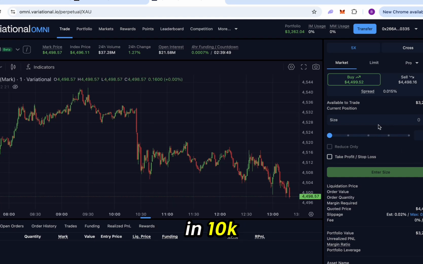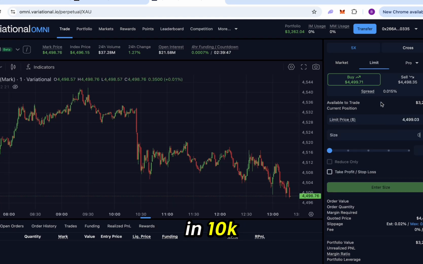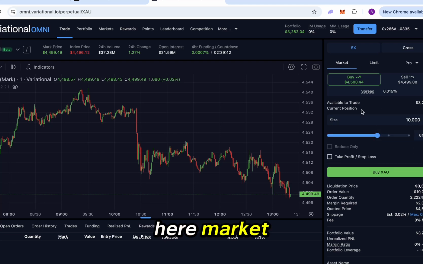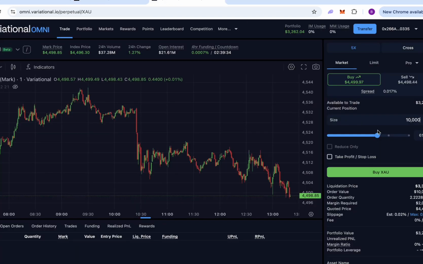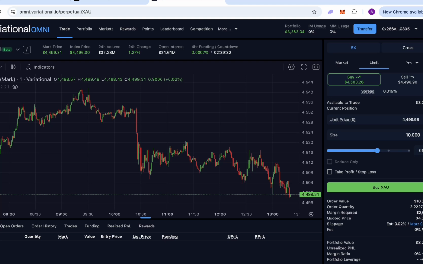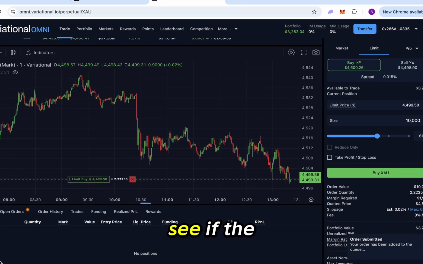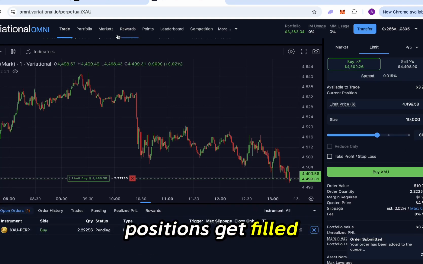And let's put in 10k here, market. Like this. Let's see if the positions get filled.